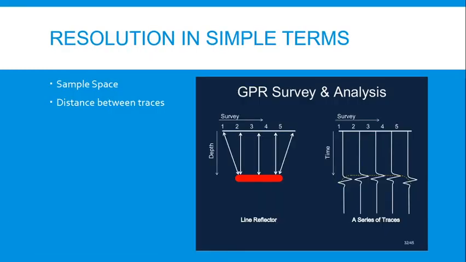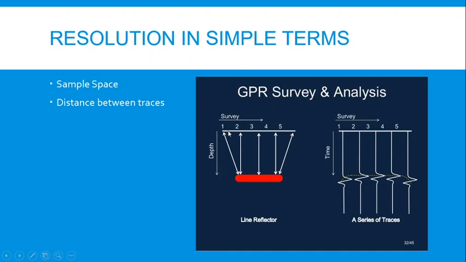Resolution can also be defined in some simple terms used in GPR. Suppose in this image, this is the survey direction, and this is depth. And this is a line reflector shown here in the red color. What happens if we acquire data from point A to B?